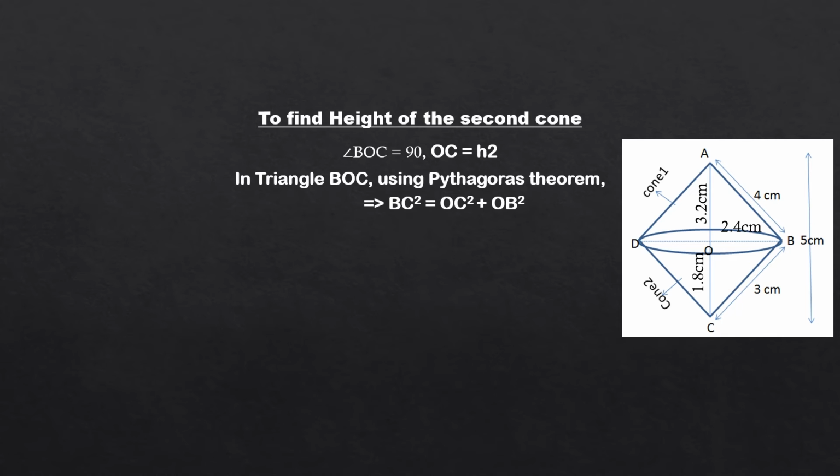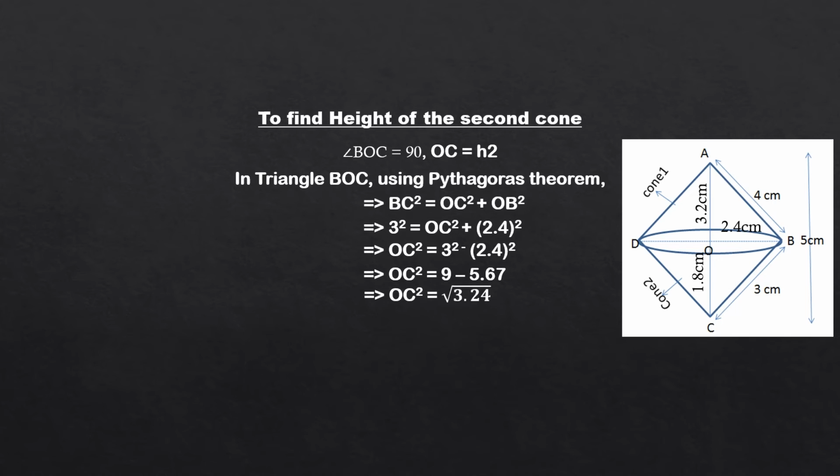On putting the values, we get 3 square is equal to OC square plus 2.4 whole square. On further evaluating, we come to a point where OC square is equal to 3.24. On evaluating that, we get our height 2 of the cone, which is 1.8 centimeters.